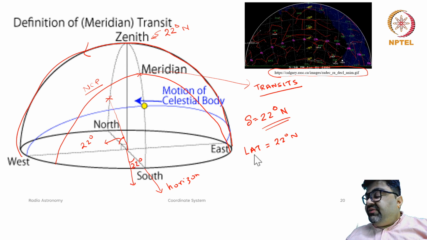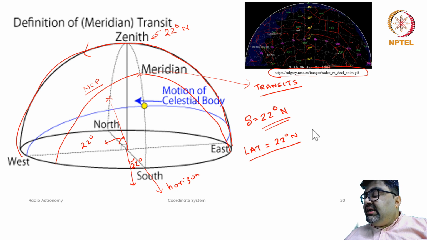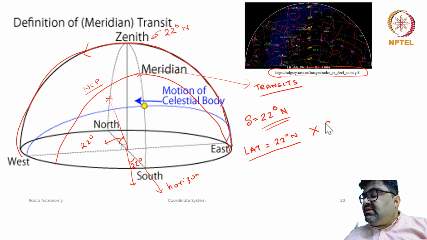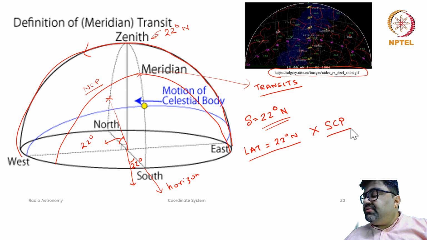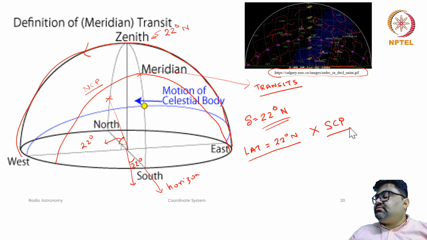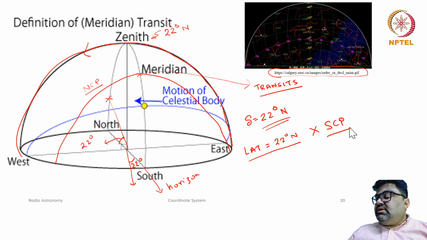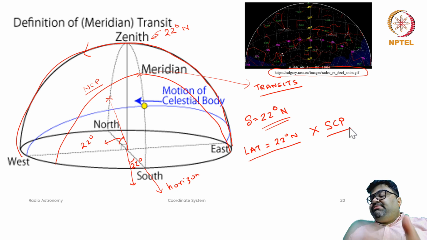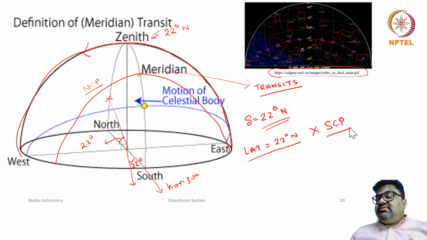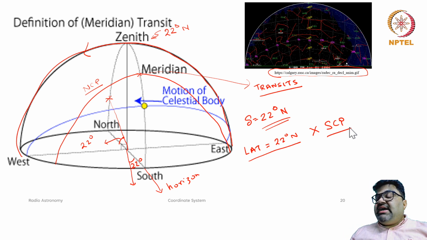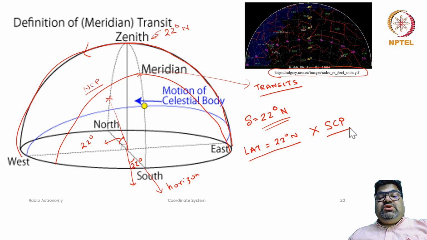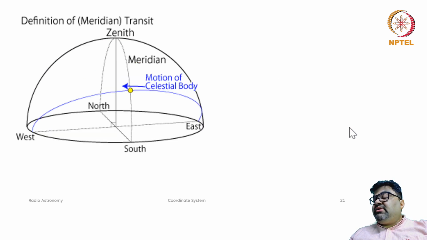So if you are at this location, you will not be able to see the south celestial pole. So just by this very efficient diagram, we can do a huge number of calculations and learn a lot of things.